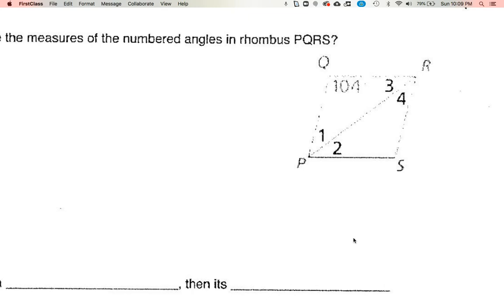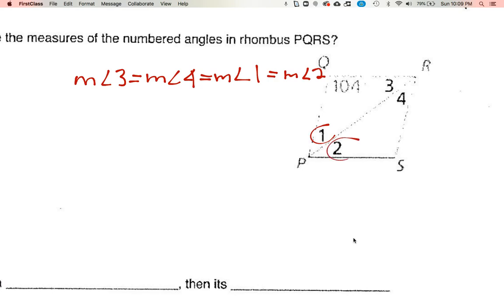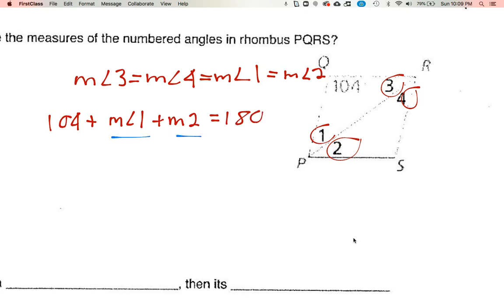Piggybacking right off of that idea, the measure of angle 3 equals the measure of angle 4, which equals the measure of angle 1, which equals the measure of angle 2. So all four of those are equal. So 104 plus the measure of angle 1 plus the measure of angle 2 equals 180. These are actually the same thing.